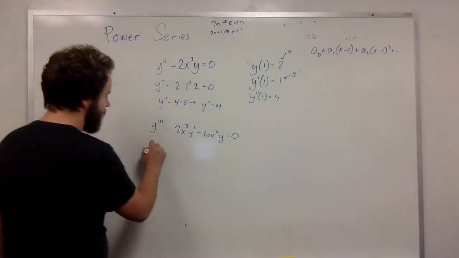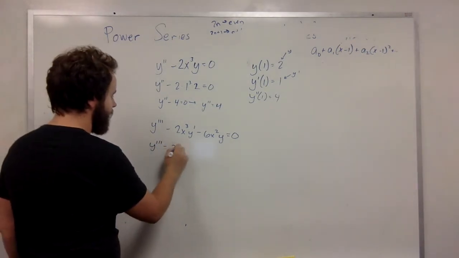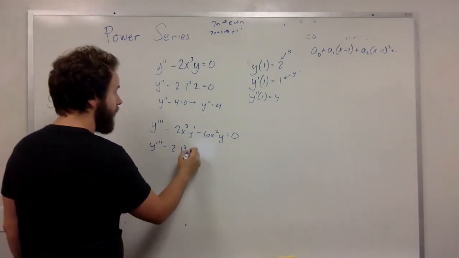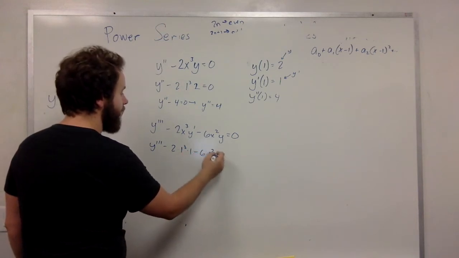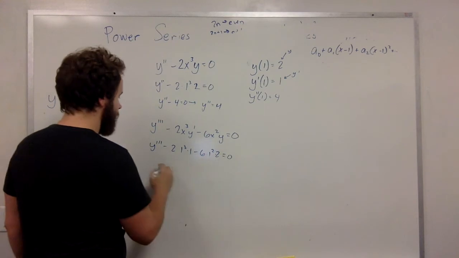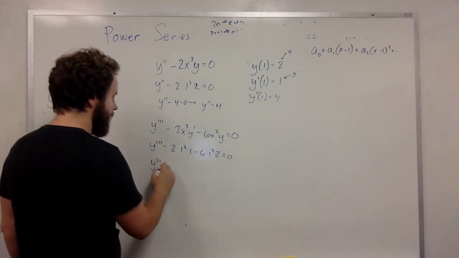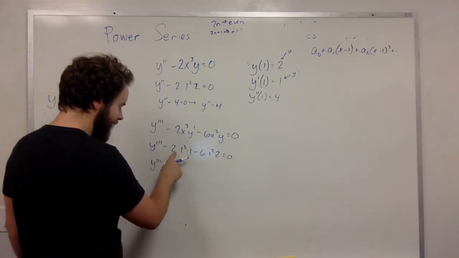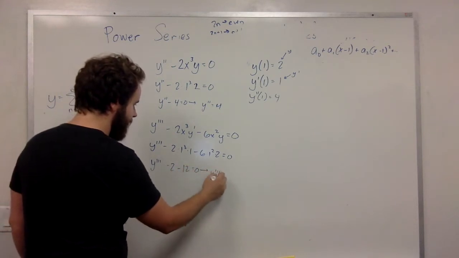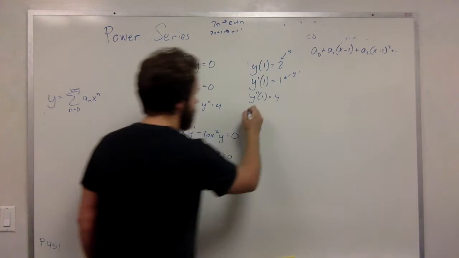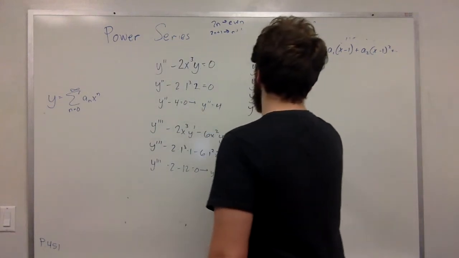We don't know y triple prime, but we know x is 1. We know y prime is 1. We know x is 1 again, and we know y is 2. So we have y triple prime minus 2 minus 12 equals 0, so that means y triple prime equals 14.